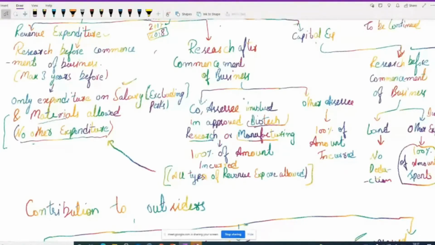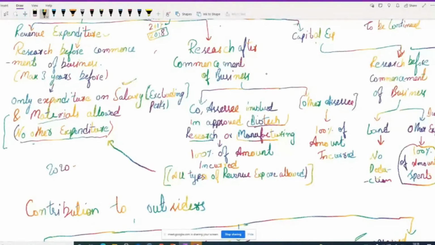And after commencement of business, for in-house research, for all other SEC, 100% of amount incurred is allowed. So it's not different, it's the same, but it was different because before that, some amendment was done in the Income Tax Act. Earlier this amount was 150, but now it's the same.